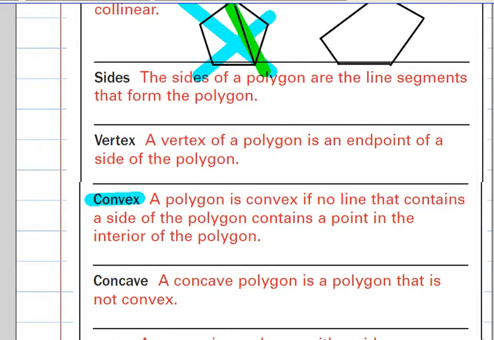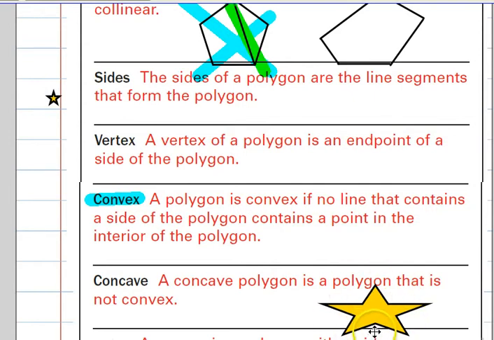So I know that definition is confusing. So let me give you an example of a concave polygon, which according to the definitions, this is one of the most common concave polygons is a star. Because in this case, as you can see, it is closed.